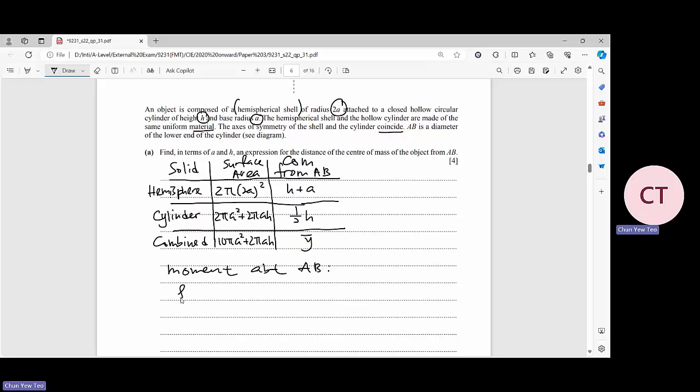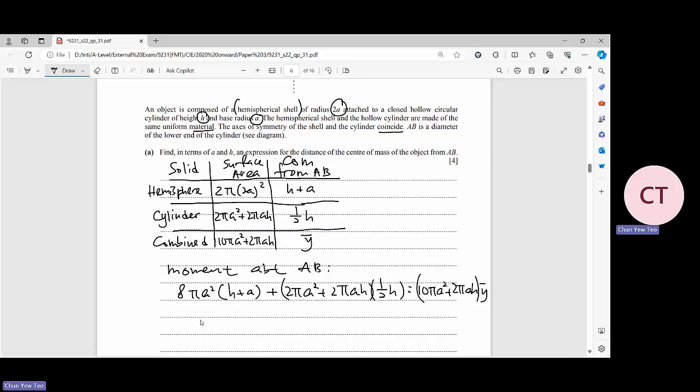So you have 2 pi a square times (H plus A), plus 2 pi a square plus 2 pi a h times half of the H, equals 10 pi a square plus 2 pi a h times bar Y.